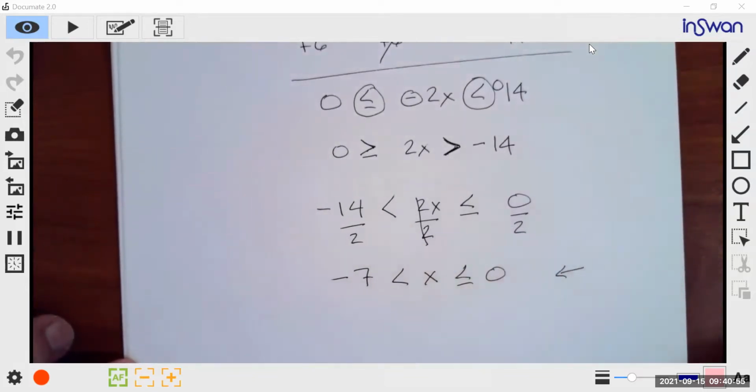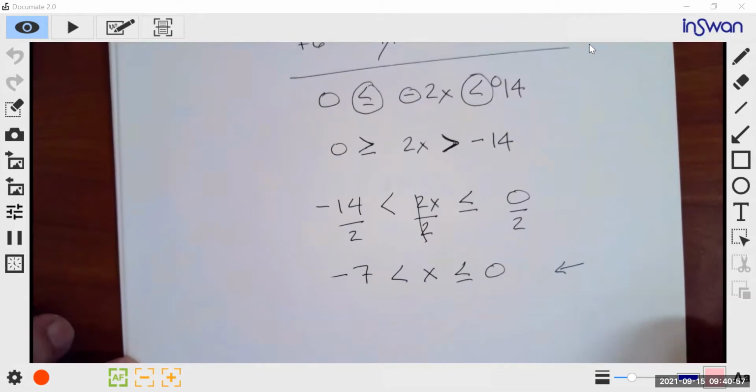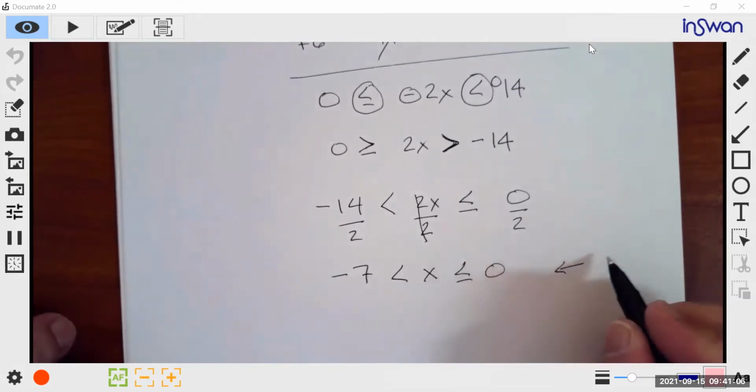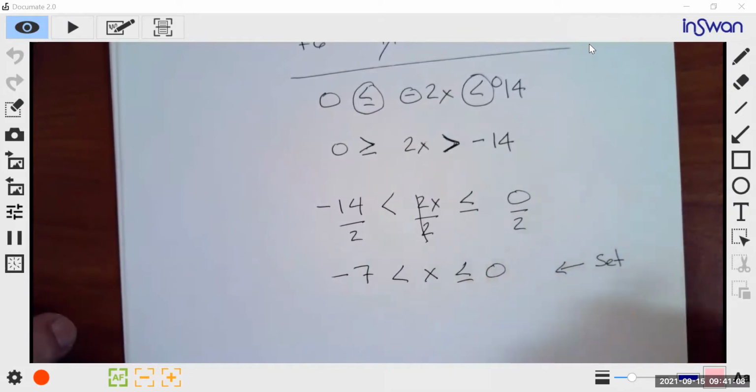What form is this? What notation? Set notation because we have the inequalities. I asked for interval notation. So it helps.